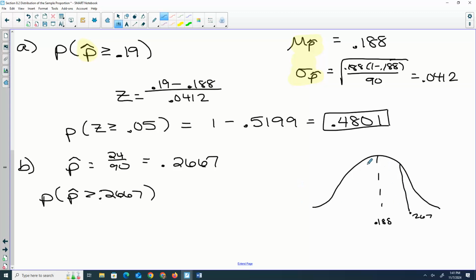We expect everybody to be less, so we're going to see if it's unusual to be more. So now we need a z. We can use the mean and standard deviation we found up before, so our value minus the mean divided by the standard deviation.